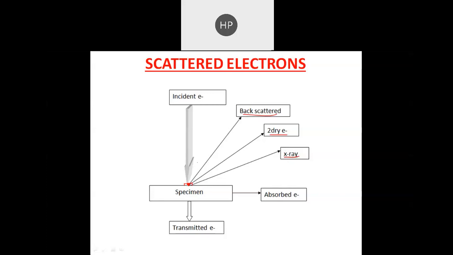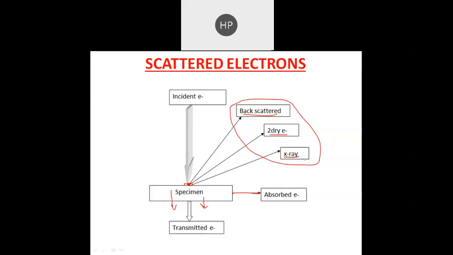Some electrons are absorbed by the specimen itself, and some are transmitted through the specimen. But these three signals are important to identify the chemistry as well as to generate the image, because from these we are able to generate the image by converting them into a particular form.